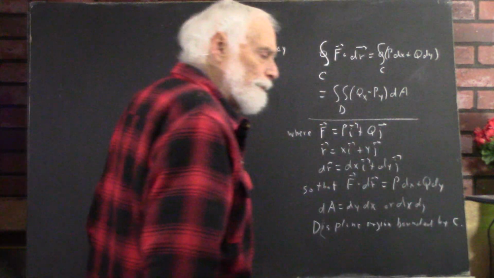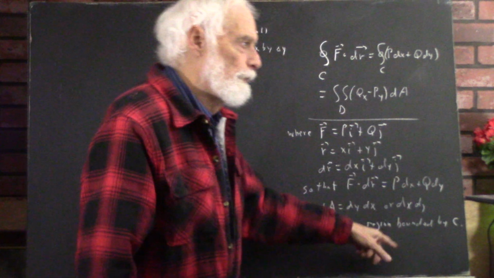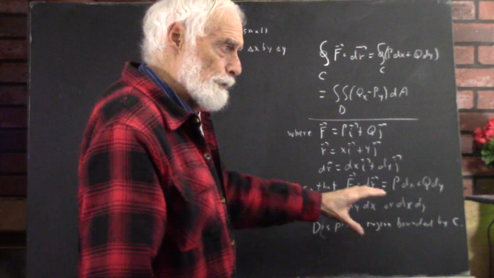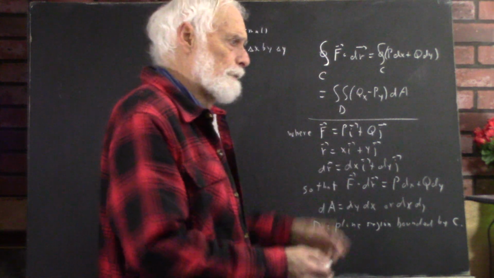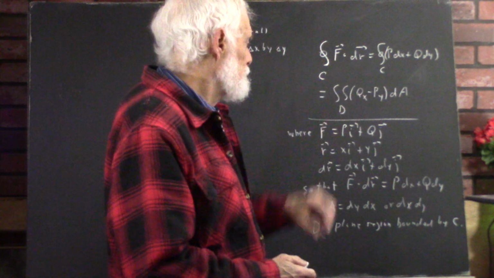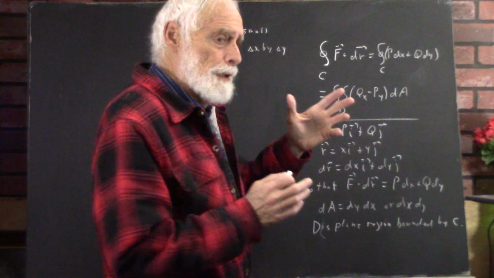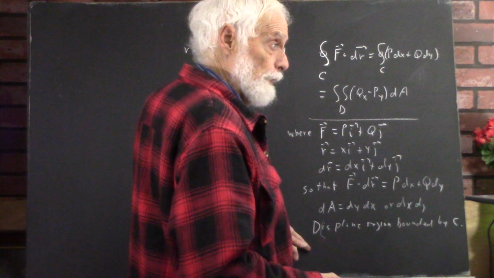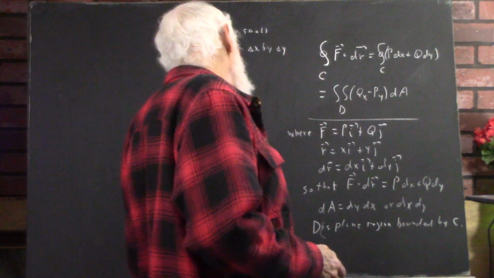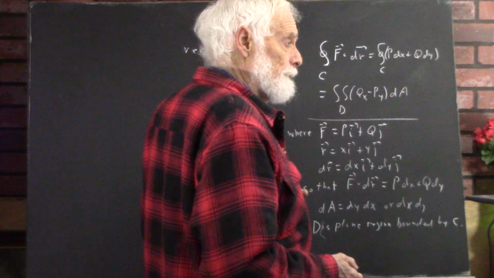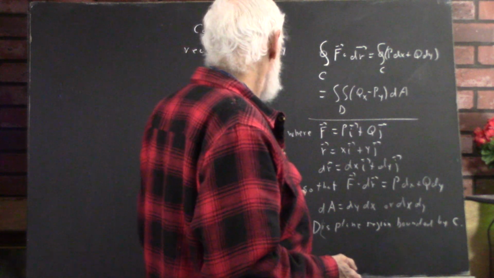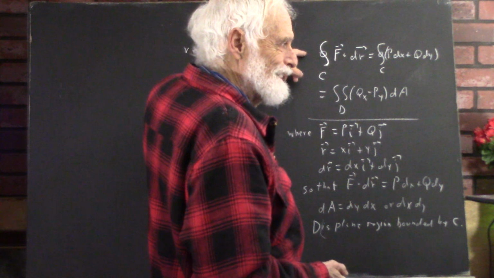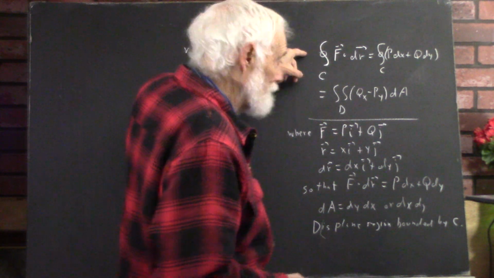Bounded by C. It turns out C has to be orientable for this to make sense, but we'll talk about that later. Just assume that regions are like the ones we've seen that are pretty much always orientable. But you've seen that question, and it's one we need to talk a little bit more about as we move through this stuff. Okay, so again, maybe you might not have seen this, so let's just say it again.